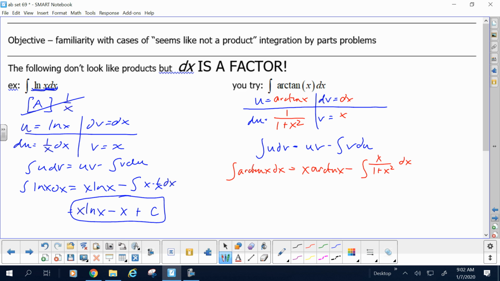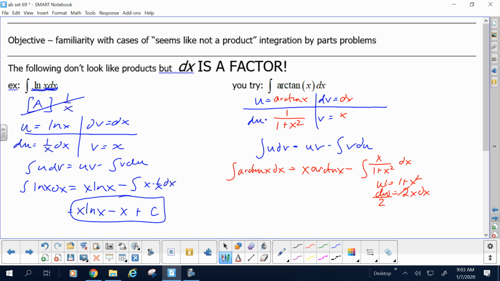Did you then W sub that or U sub that, or if you're really good, you could try a mental U sub. Yes, and check. W sub, what's your W? 1 plus x squared, therefore dW is 2x dx, but the 2 needs to be moved over, yeah?